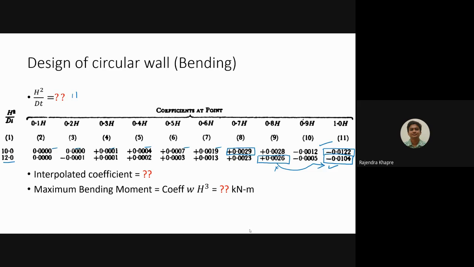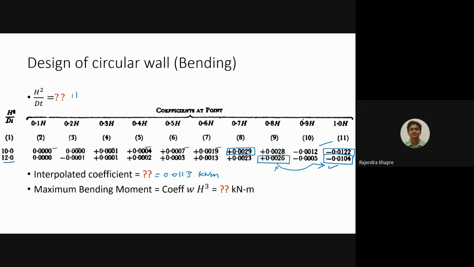So for 11, how much will be the value? Someone please tell me. 0.011.